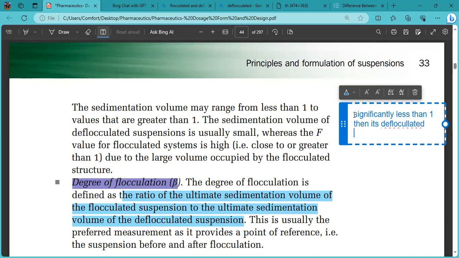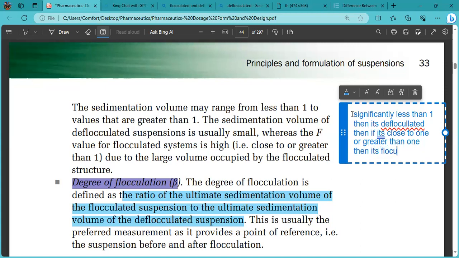The spelling is wrong, but the point has gotten across. And if it's close to 1 or greater than 1, then it's flocculated.